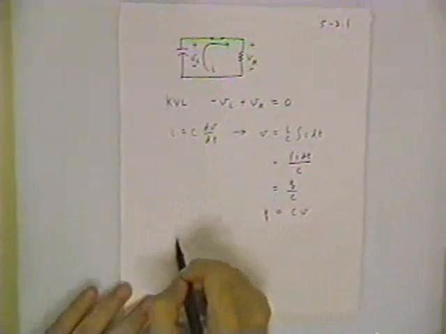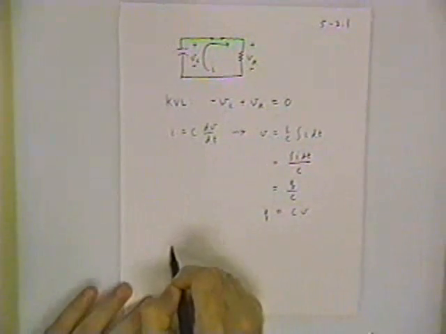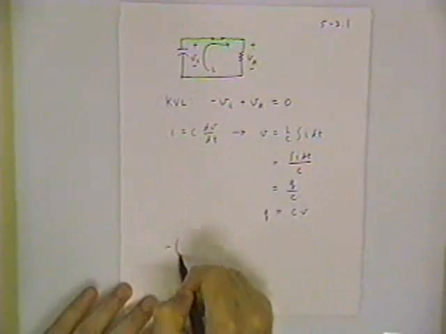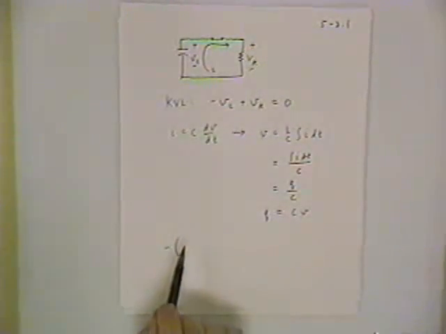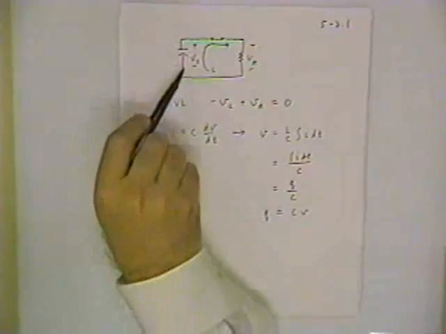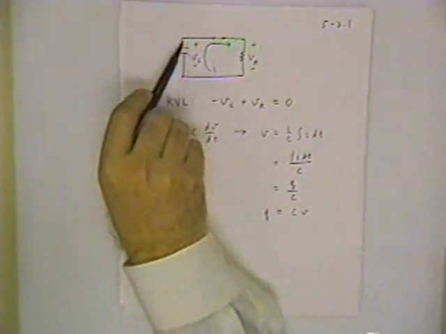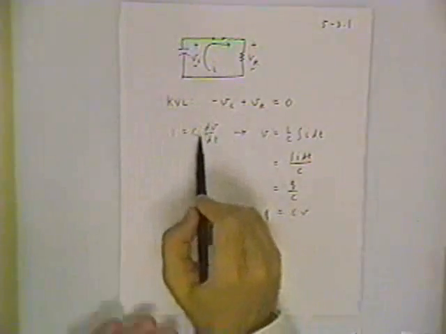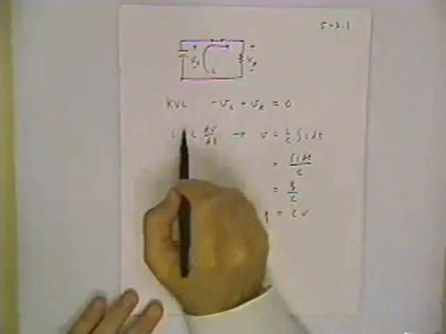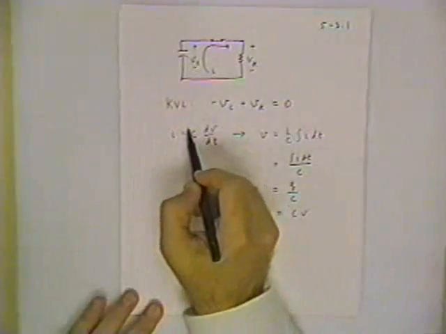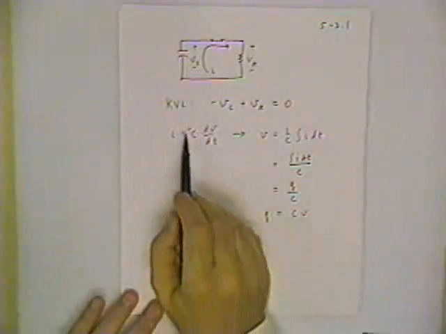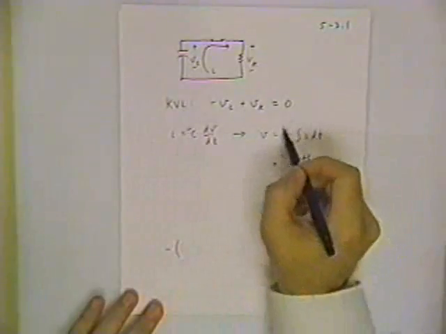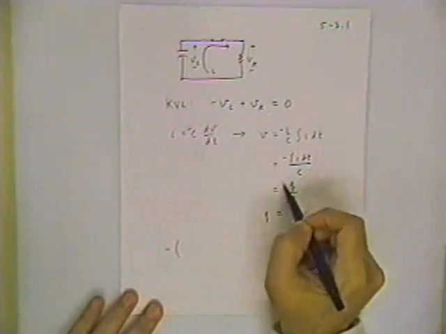So if we continue with our Kirchhoff voltage law, we have a minus VC, but remember the passive sign convention? This current is going from lower to higher potential, and the way I wrote the model here was with the positive sign. If I wanted to make this correct with the passive sign convention, I need a negative sign here and a negative sign throughout here.